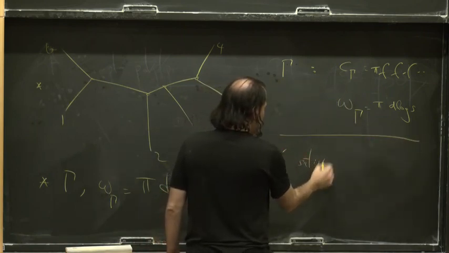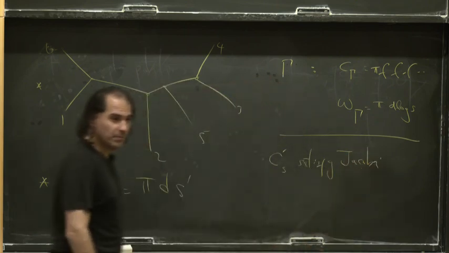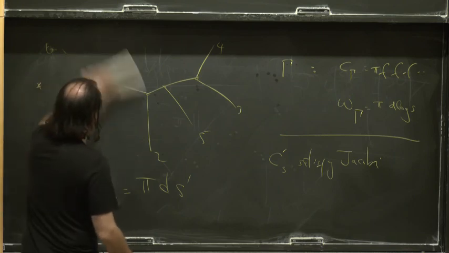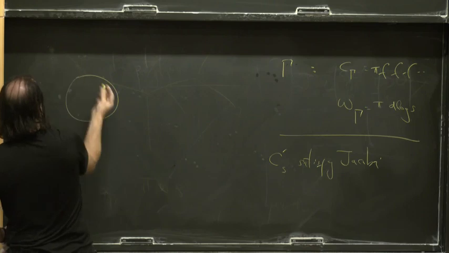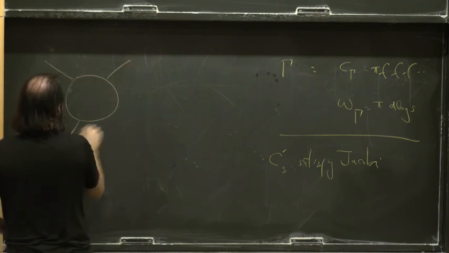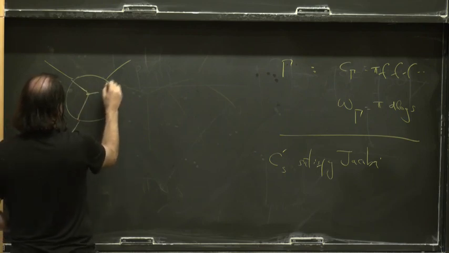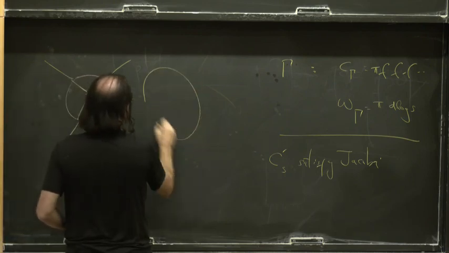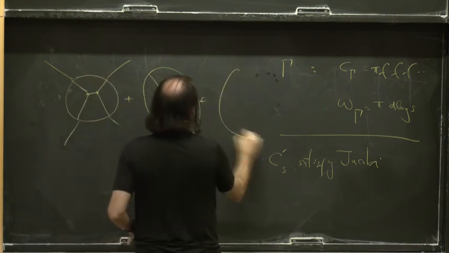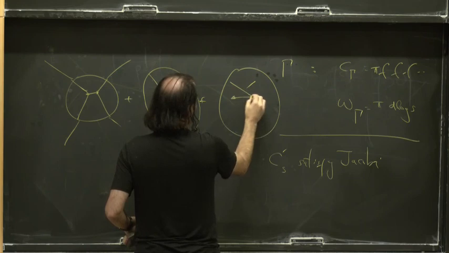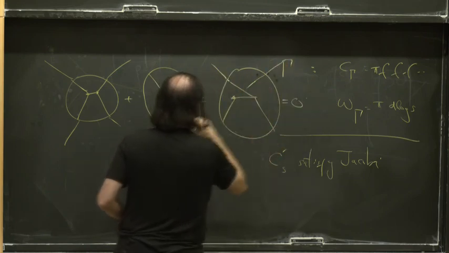satisfy Jacobi relations, because they're color factors. And in particular, the easiest way to think about the Jacobi relations is as relating three graphs to each other, where out here, who knows what's happening to the rest of the graph. But inside, you look at this plus this plus the cross equals 0.